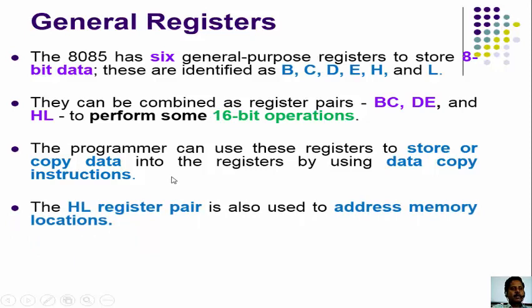Then HL register pair is also used to address memory location. This HL register pair is known as memory pointer to access the data which is available in the memory.